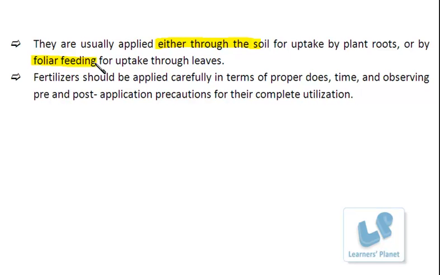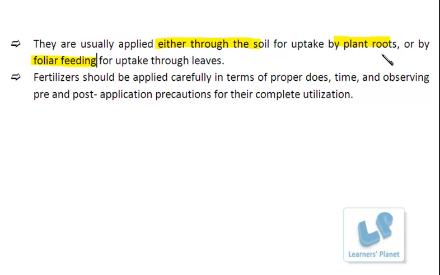Okay. What happens here? See, if it is added to the soil, the plants are able to absorb them through the roots, right? Roots perform this absorption process. So since the fertilizers or the nutrients are present in the soil, they will be absorbed by the plant roots.